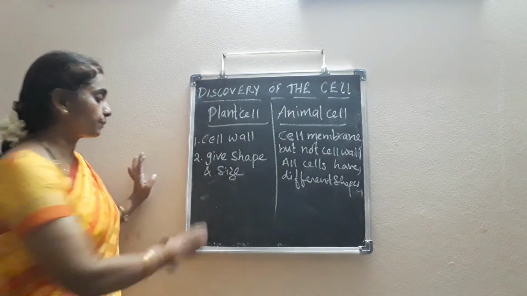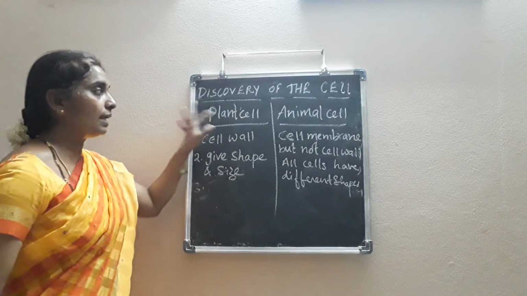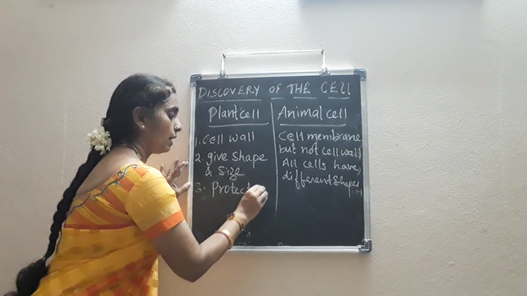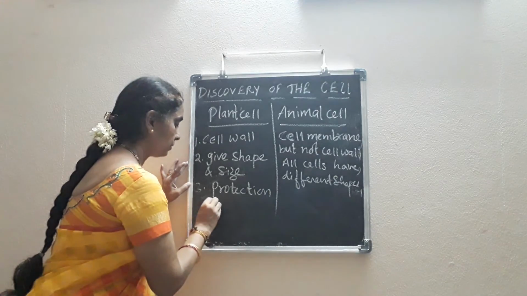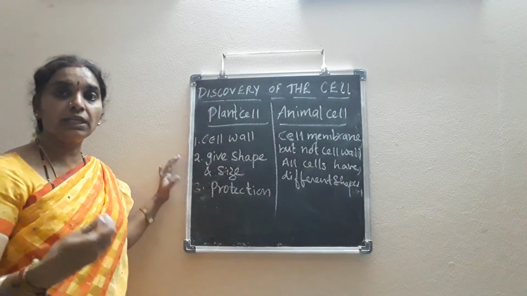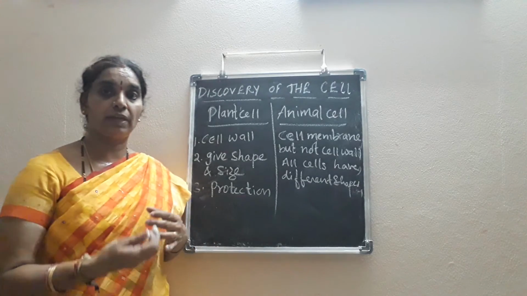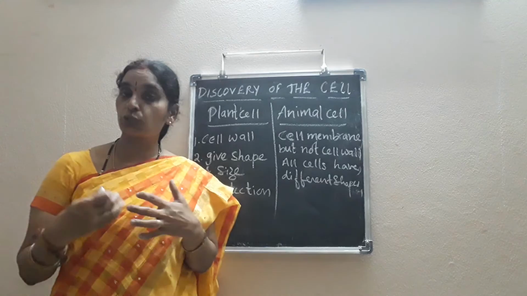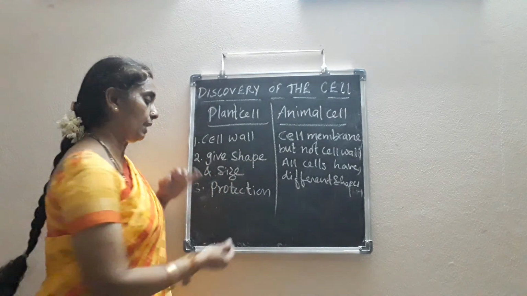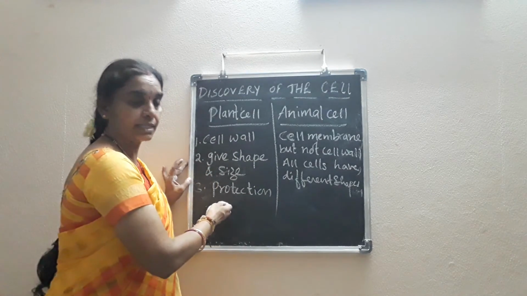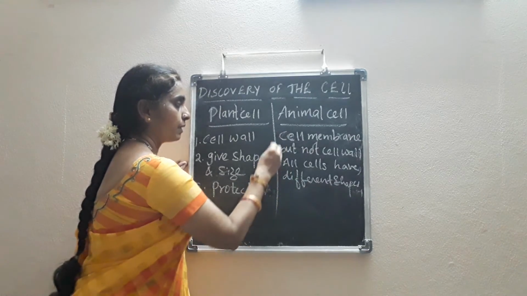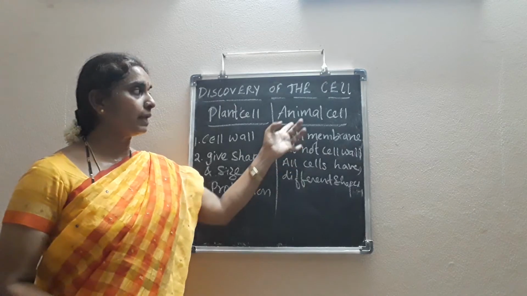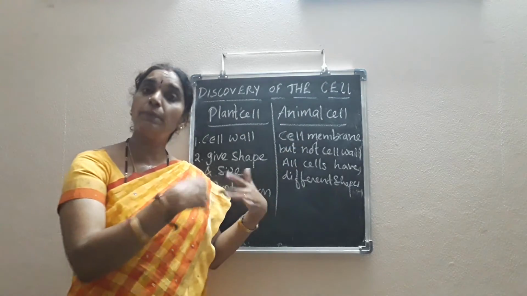So the cell wall gives protection against external pressures, that is, it acts as a pressure vessel, protecting the cell when extra water enters into it. So for protection you can say the cell wall. And here the cell membrane protects the animal cell, and the animal protects itself.